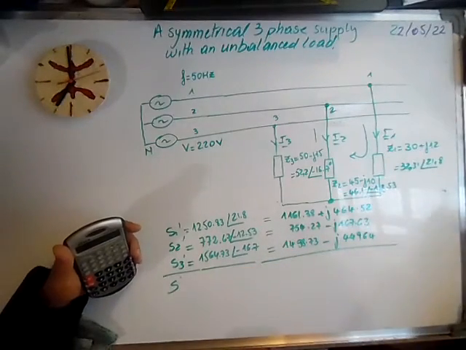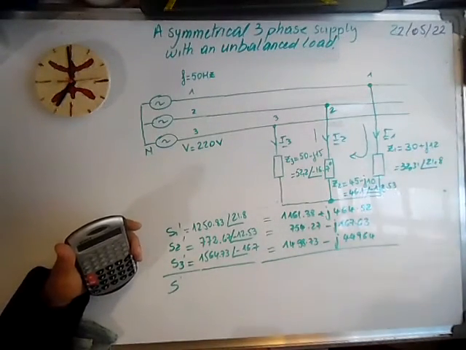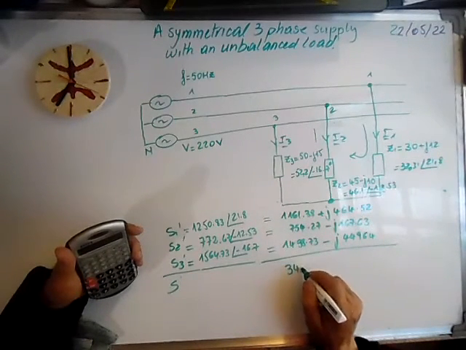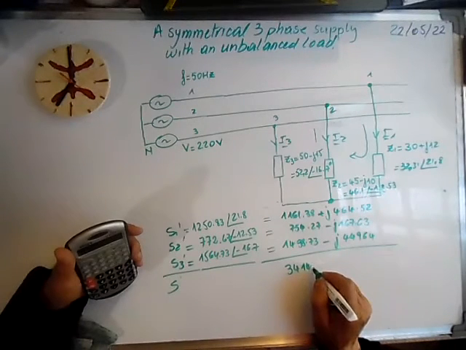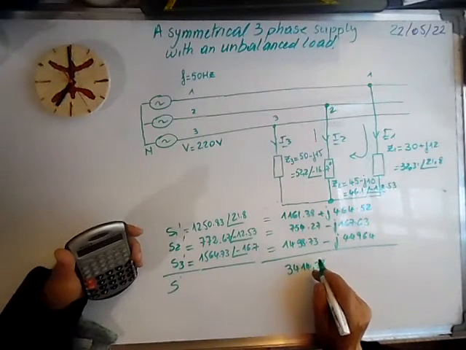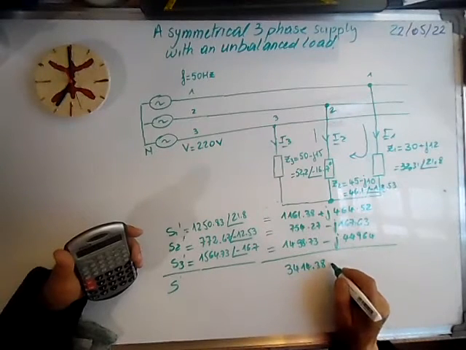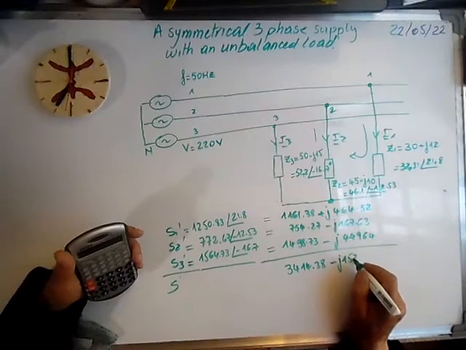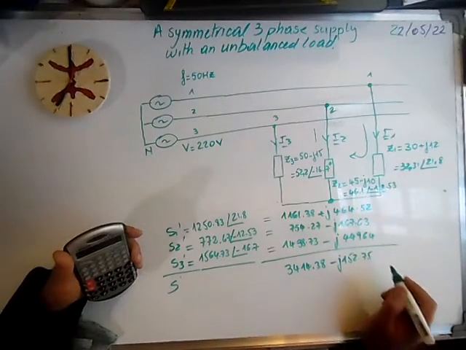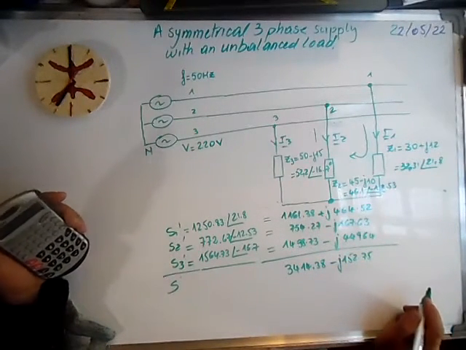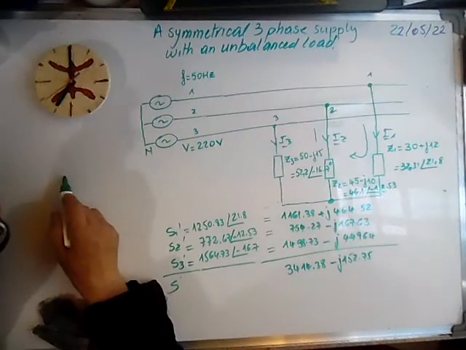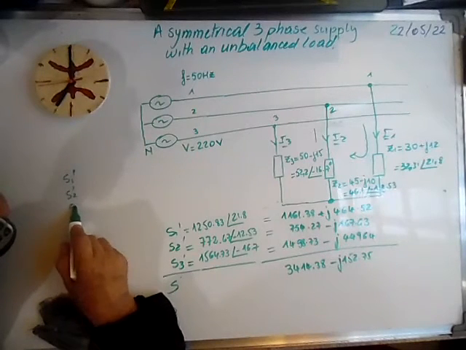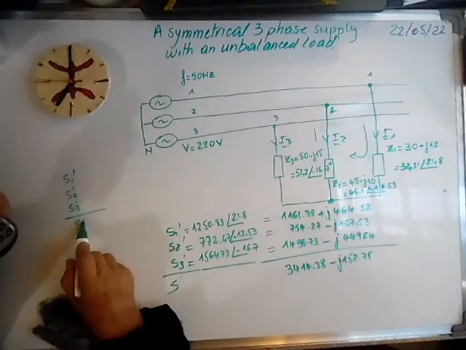If we sum the three, we get 3,414 active power taken by the load, and the reactive power negative of 152.75. This is what we have: S1', S2', S3', and the total power.